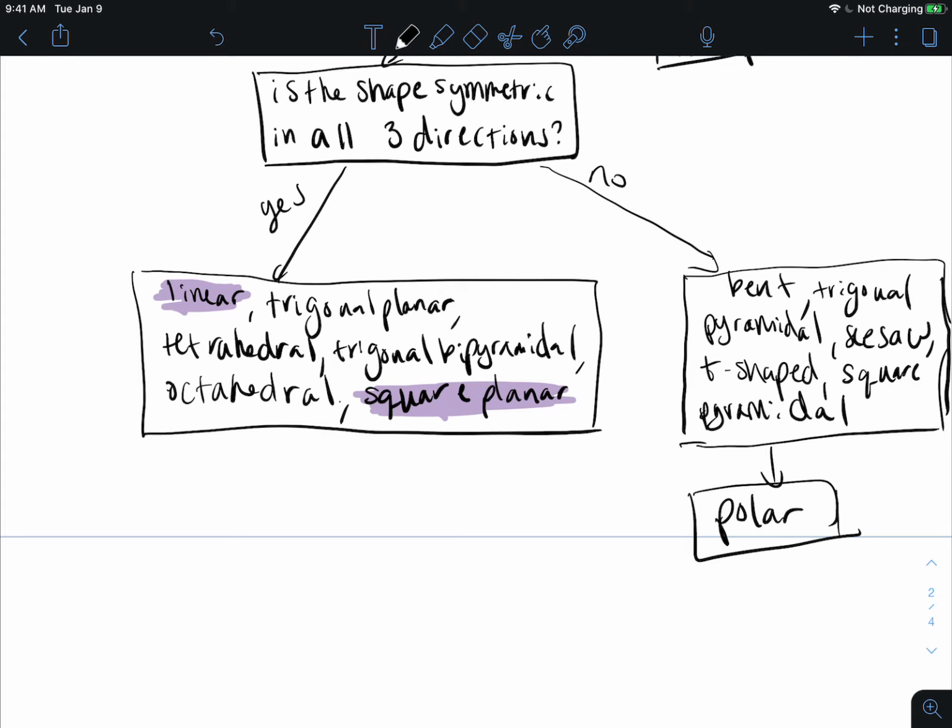So the next question is, are all the peripheral atoms surrounding the central atom the same?